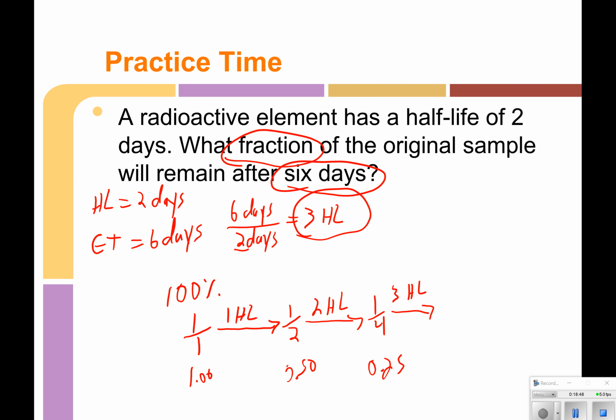After 3 half-lives, we're left with 1/8. So after 3 half-lives, after 6 days, there's 1/8 of the original sample remaining. The other 7/8 have been converted into a new, more stable isotope.